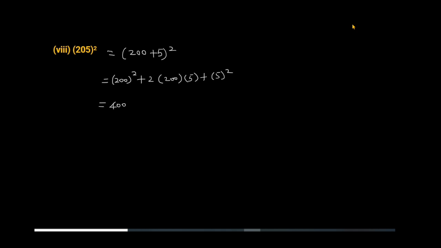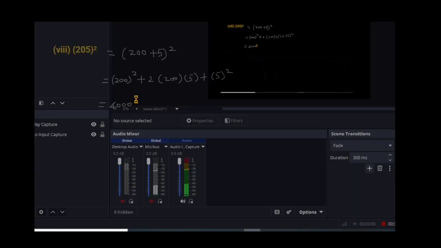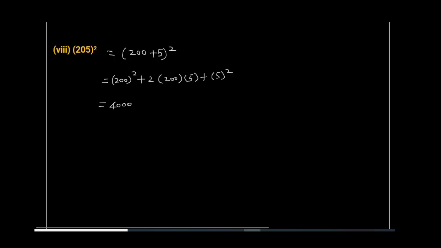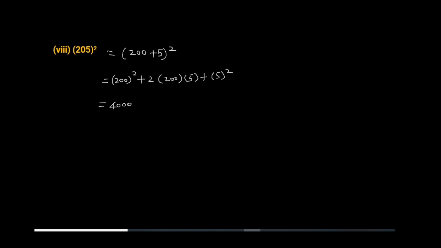So 40,000 plus 2 into 200 into 5, 2 2s are 4, 4 5s are 20 and 2 0s, plus 25. So when we are adding this, 40,225 is the answer.